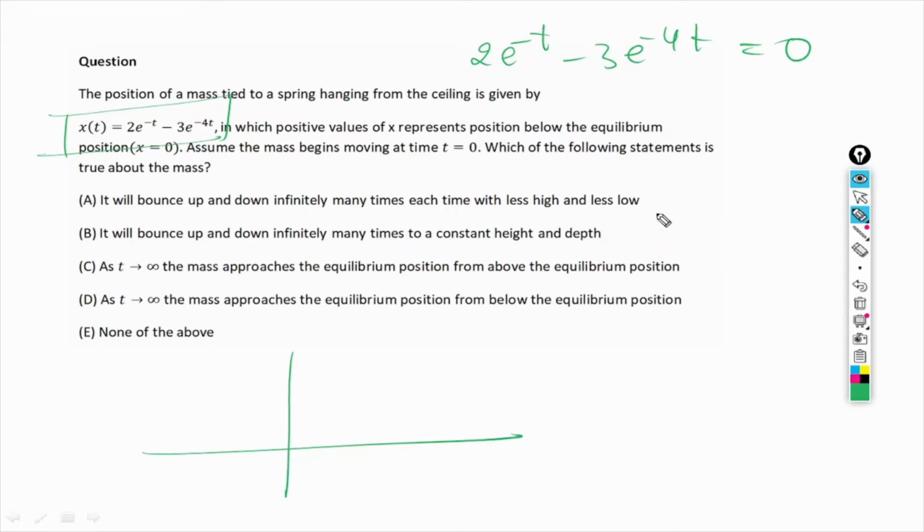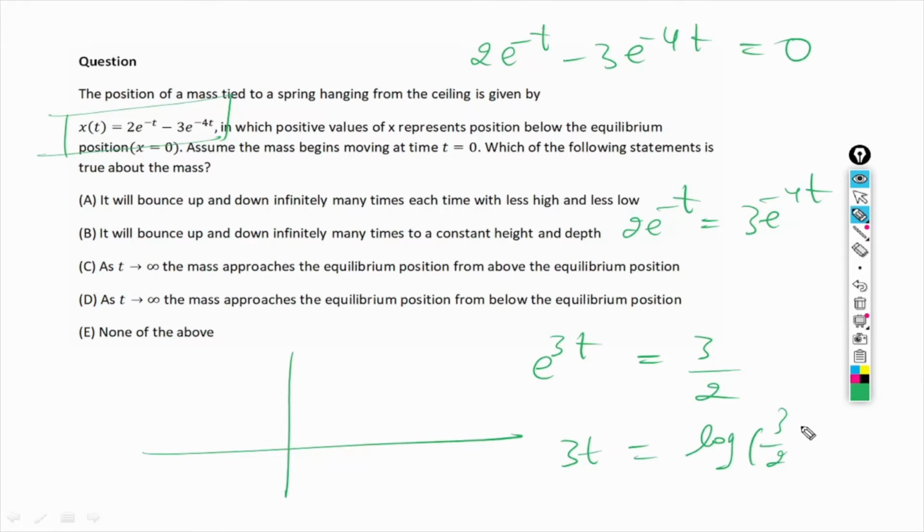Then we get 2e^(-t) = 3e^(-4t). We can divide by e^(-4t), then we have e^(3t) = 3/2, and 3t = log(3/2), and t = (1/3) log(3/2).